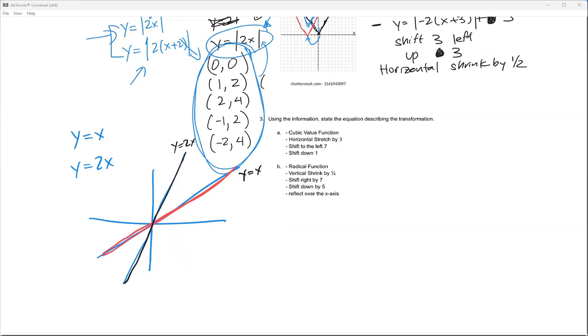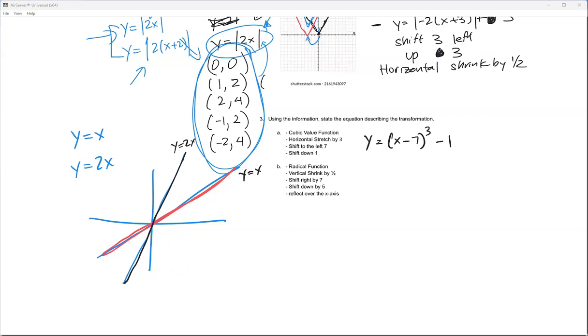All right, y is equal to the cubic function. So let me try to figure this out here. Y equals x, horizontal stretch. So that's the cubic function here. Don't copy this down yet. Give me a second. Left 3, left 7, down 1, and then horizontal stretch by 3.